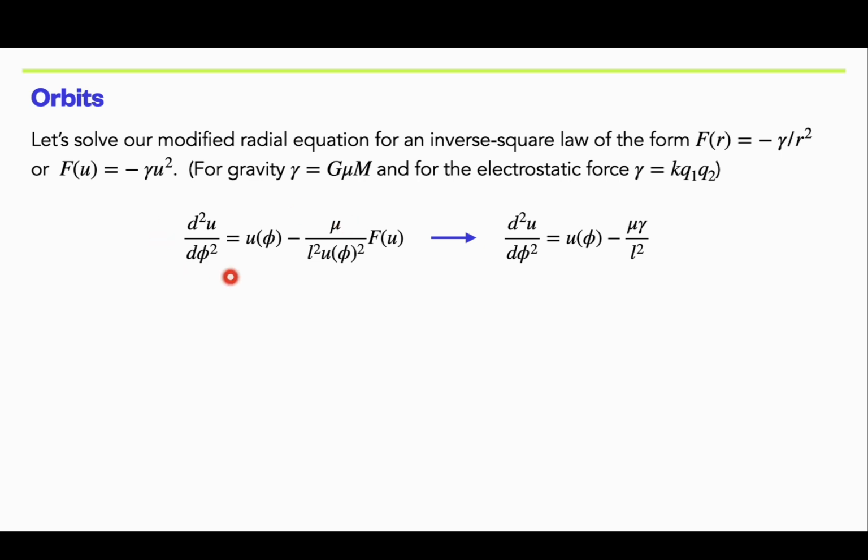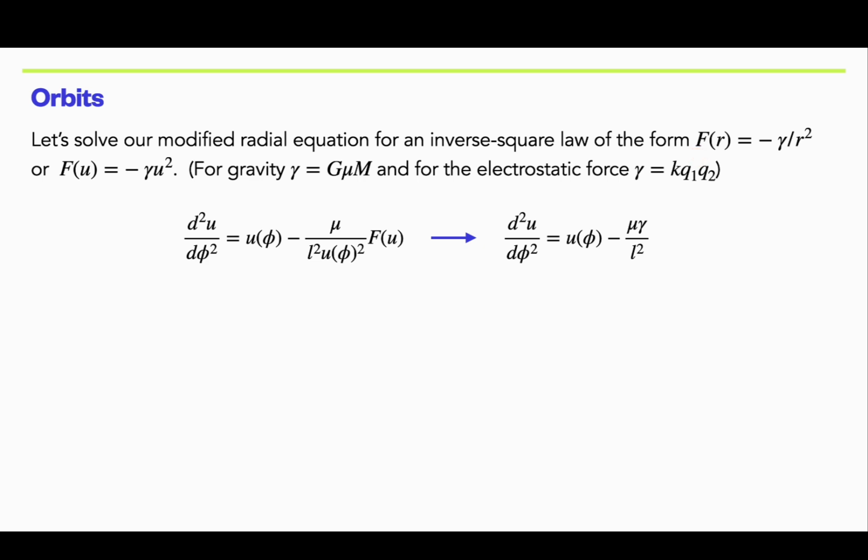So we're going from our equation that we had on the previous page. We're plugging in for the force, minus gamma over r squared, right here. Notice that when we plug in r squared, we're going to get a 1 over u squared.